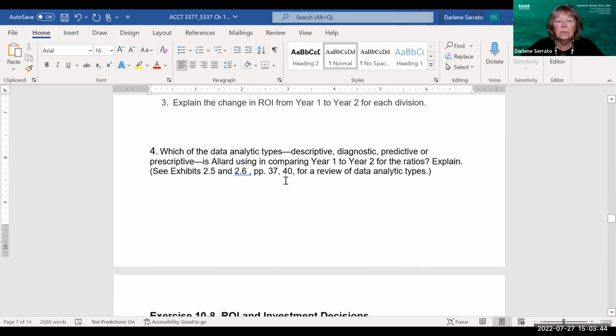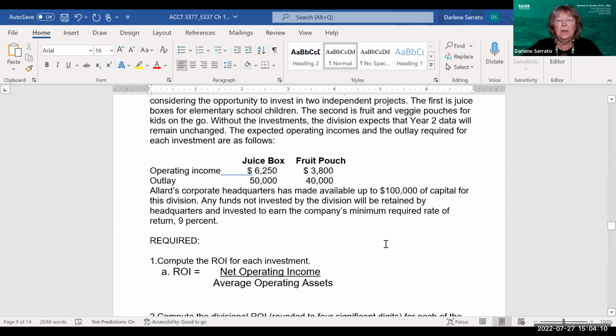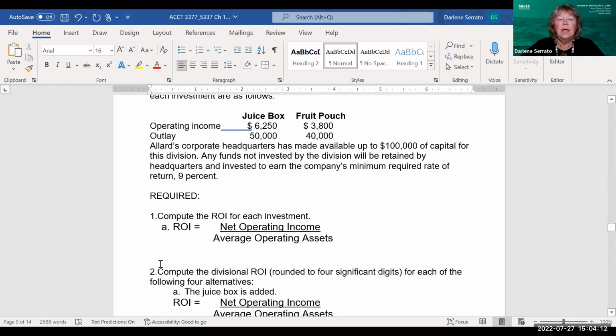So they have an opportunity to invest in two projects. They're independent of each other. So they can do fruit juice boxes by itself, fruit and veggie pouches by itself, or both of them. So compute the ROI for each one.